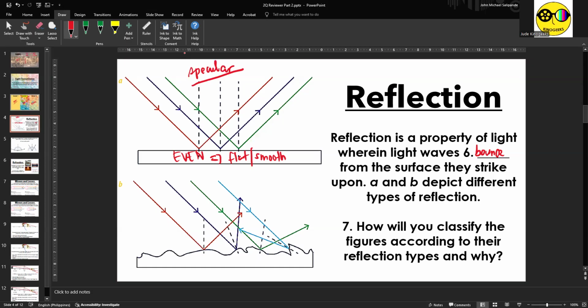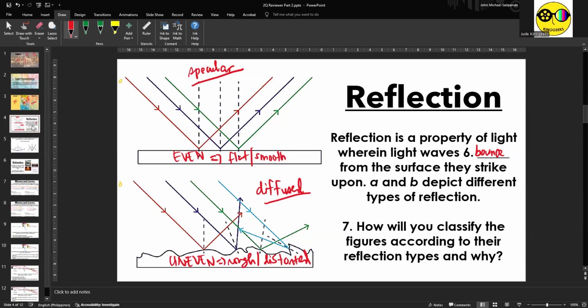By contrast, in letter B, you have an uneven surface. So it's either rough or distorted. And as a result, we have uneven reflections as well. Therefore, figure B is classified as diffuse reflection. Okay, so that is how you classify figures according to their reflection types.